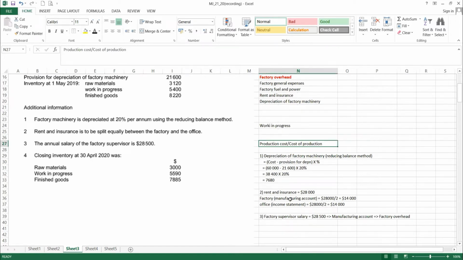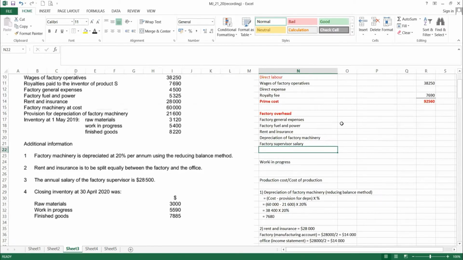Okay, rent and rate. This one we calculated. Later we need to put. Okay, one more item in here. Factory supervisor salary. So this one had to put in. No more, no others.